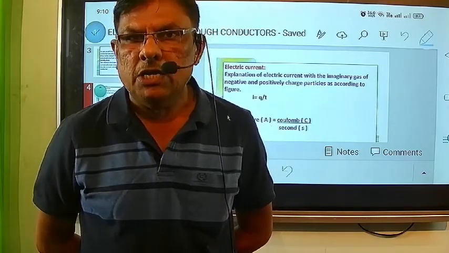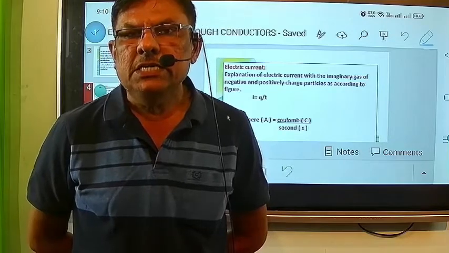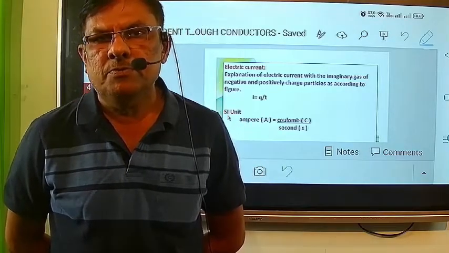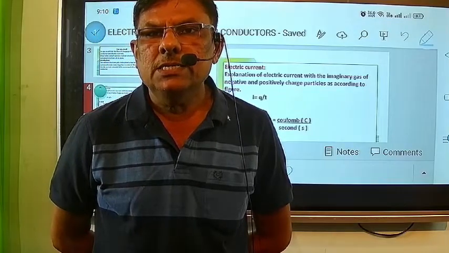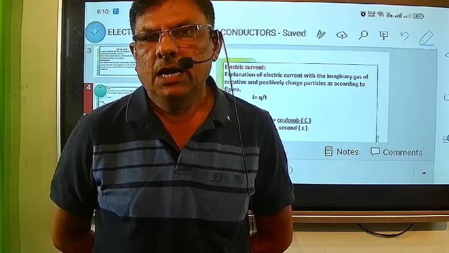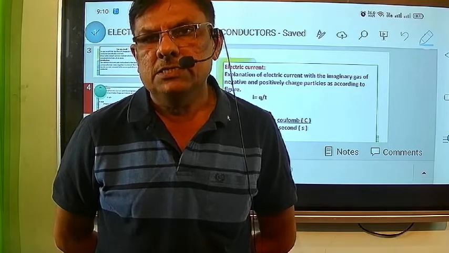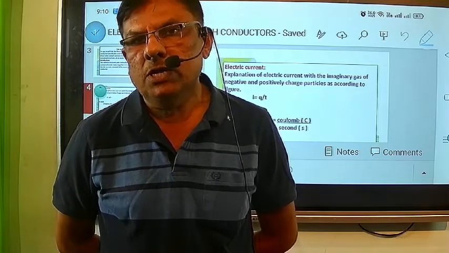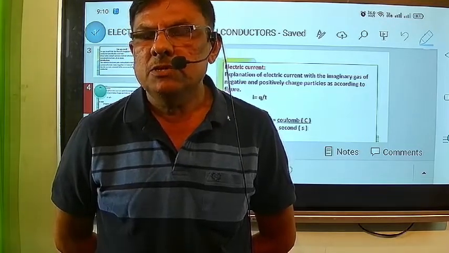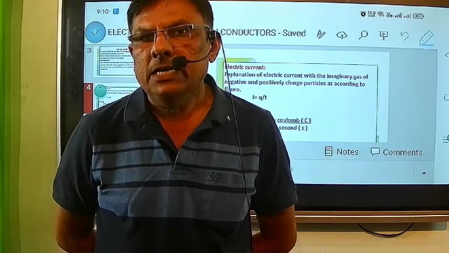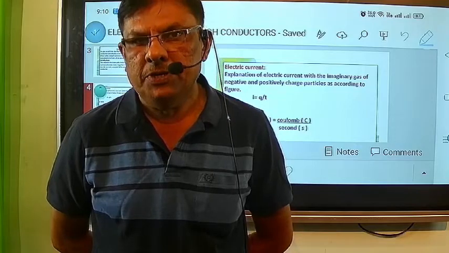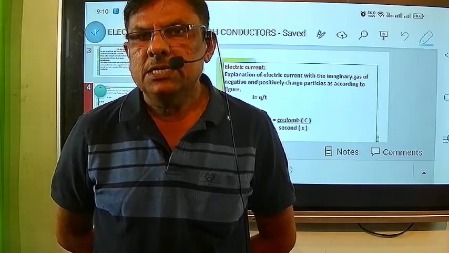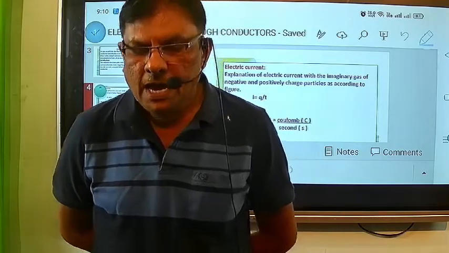Q is the charge. What is T? T is nothing but the time in seconds. So, current has the SI unit: charge is measured in coulomb, time is measured in second, and therefore coulomb per second is called the ampere. Here the current is measured in amperes.